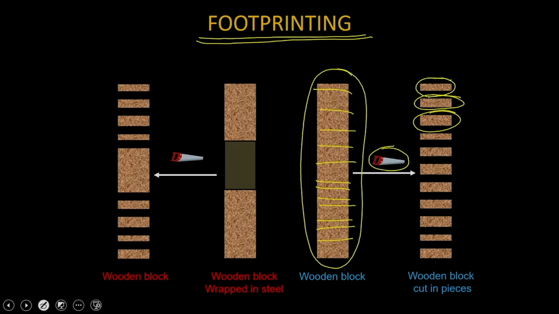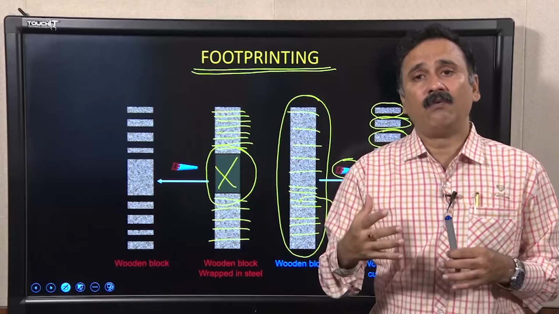Now, if you wrap this wooden block with some steel pipe or something, then you will be able to cut the wooden block at the same location with the help of the cutter, and you can cut at the lower side as well, but you will not be able to cut at this point because it is already protected by the steel.